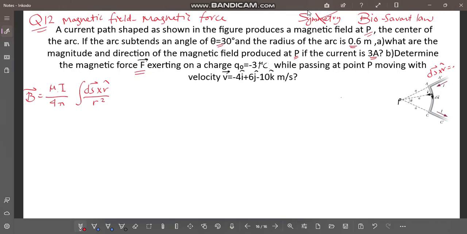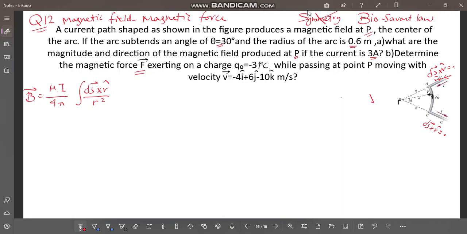Because ds is always chosen in the same direction as I, and r hat is parallel to it, so ds cross r hat is 0. And also in this part, ds cross r hat is 0. We just have one portion here.